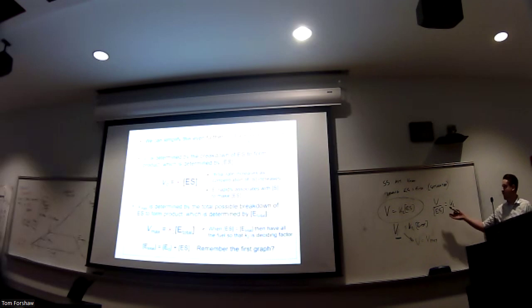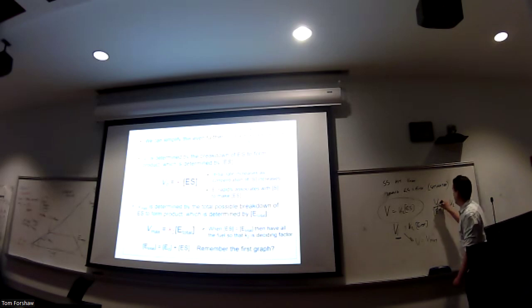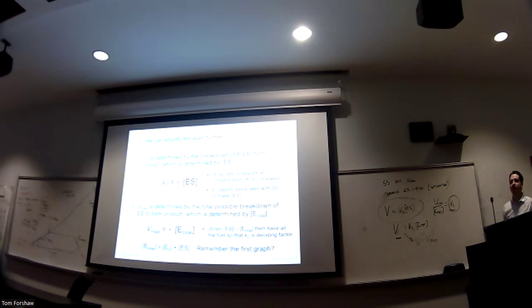So if we're able to find out the velocity at any one particular concentration of ES, then that is going to give you the rate, the K2. And the easiest way of doing it is actually to just do V max divided by the concentration of total enzyme. That's the easiest way of figuring out what K2 is.